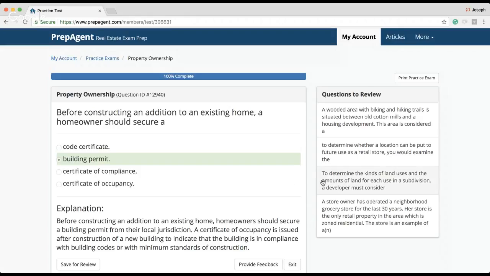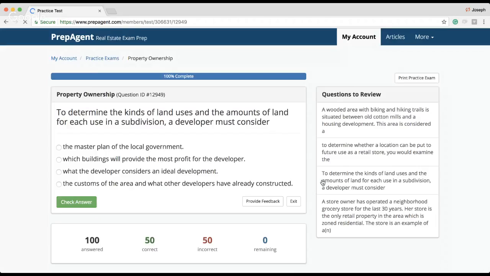All right. To determine the kinds of land uses and the amounts of land for each use in a subdivision, a developer must consider A, the master plan of the local government, B, which buildings will provide the most profit for the developer, C, what the developer considers an ideal development, or D, the customs of an area and what other developers have already constructed.